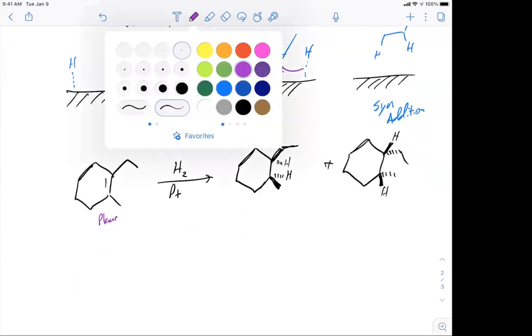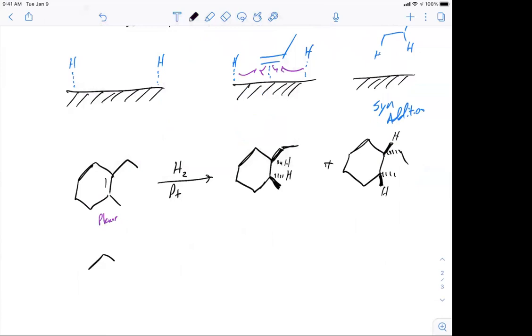If we had done something like this, and this is just to remind you of chapter 5, if we had done hydrogen, palladium on carbon, and again, I can put platinum, palladium, nickel. I can interchange these catalysts, so that doesn't change the reaction. If I did something like this, both hydrogens add to the same side.